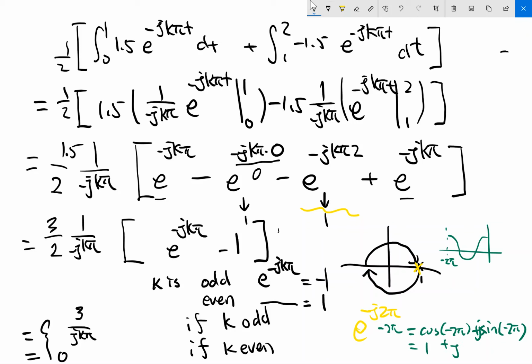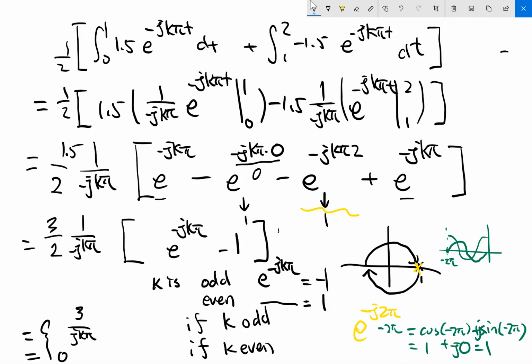Plus j sine of minus 2 pi. Sine looks like this, and at minus 2 pi it is 0. So plus j times 0, that equals 1. Does that make sense? Okay, any other question about this problem?